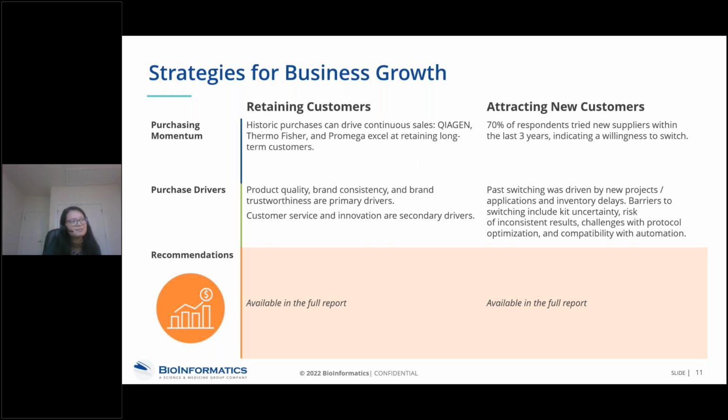Inventory delays was very prevalent over the past 3 years, and having your products in stock can also encourage potential customers to switch to your brand. However, barriers to switching include kit uncertainty, risk of inconsistent results, challenges of protocol optimization, and compatibility with automation. And so in order to encourage switching, these barriers must be addressed, and our recommendations are available in the full report.